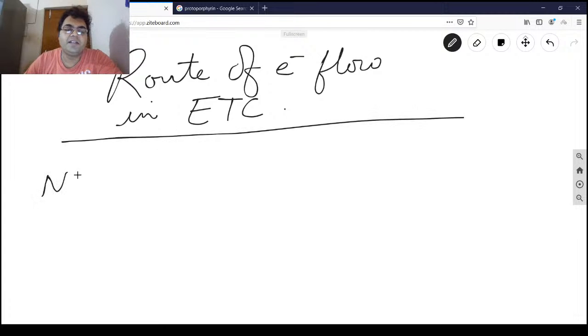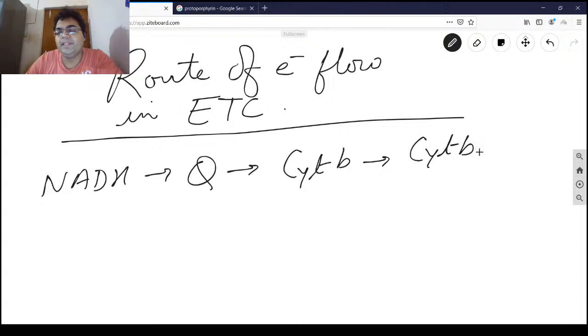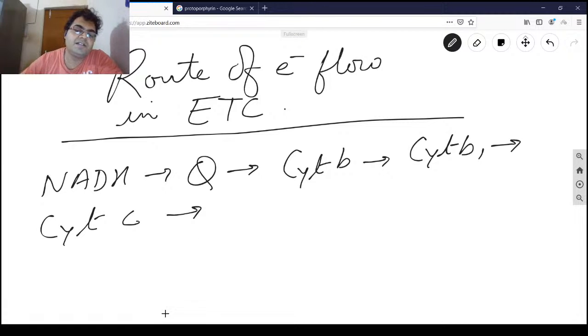Okay, first will be NADH, then coenzyme Q, then cytochrome B, then cytochrome B1, then cytochrome C. After that, cytochrome C1 will come first.